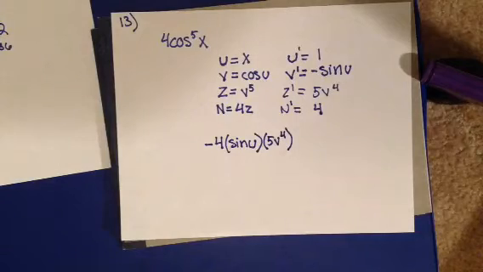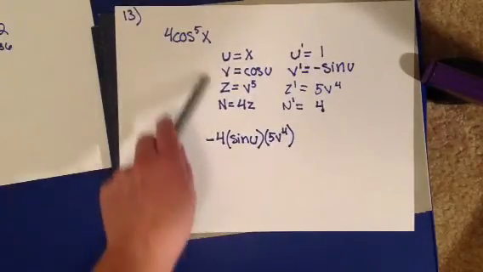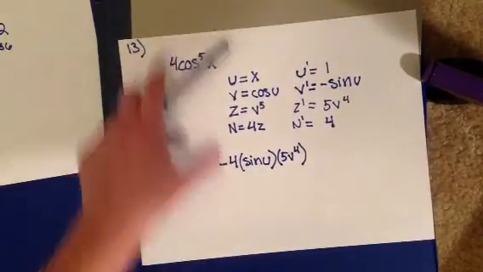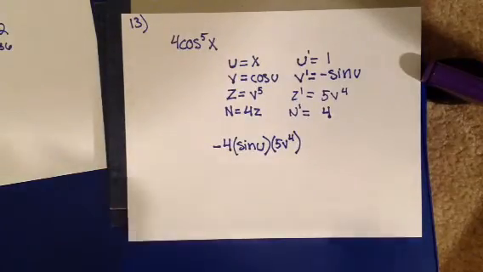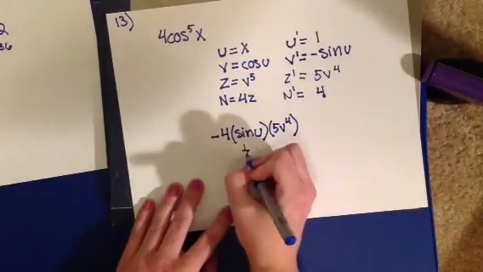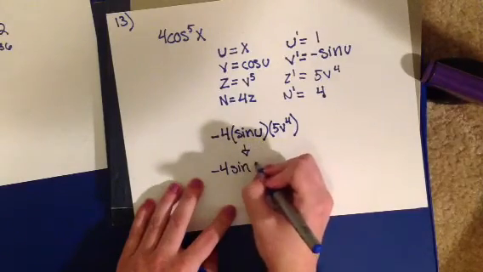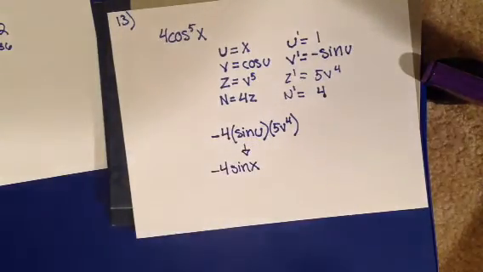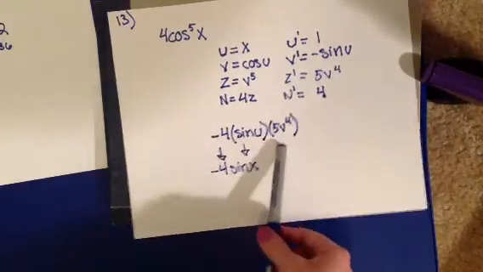Now is when we plug everything in to be in terms of x. Now with all these chains it gets confusing, so you always have to reference back to this part. So this sine of u is easy, that's just the sine of x. So I'm just going to put that right in. Negative 4 sine x. And you just pull this down. Next part, 5v to the fourth.